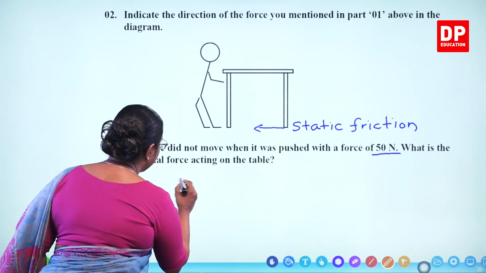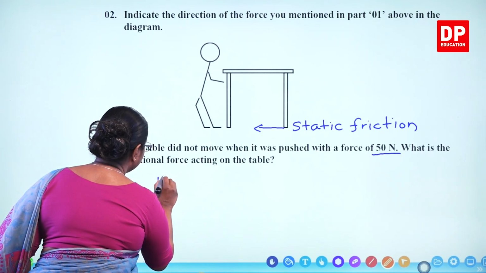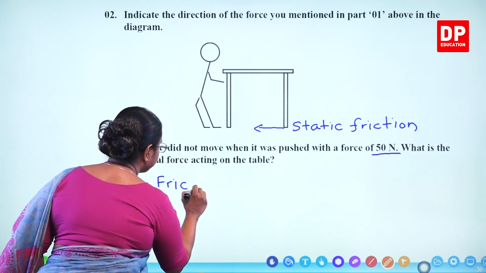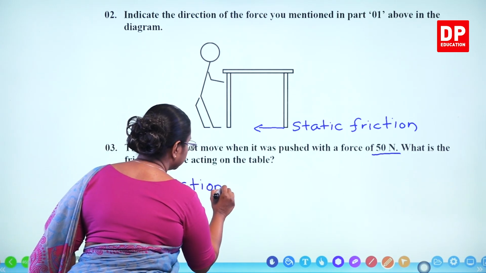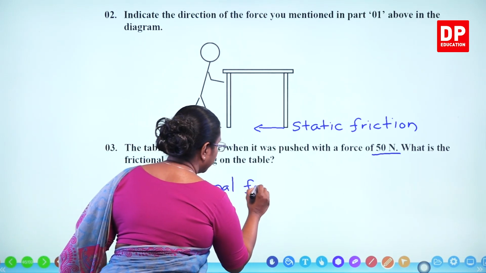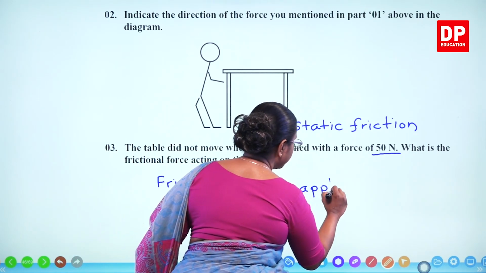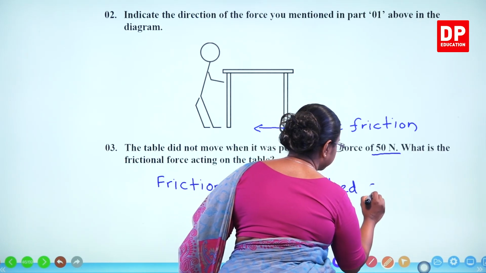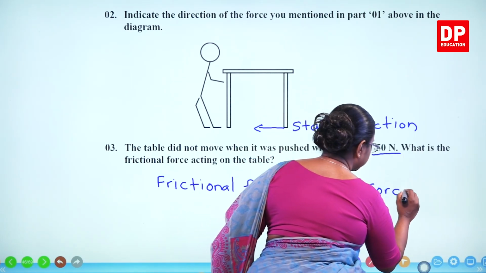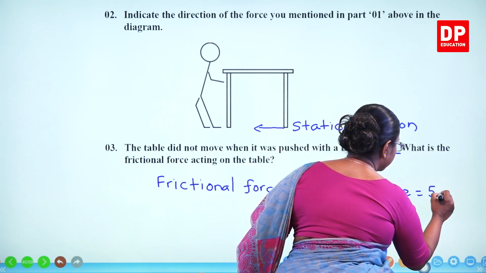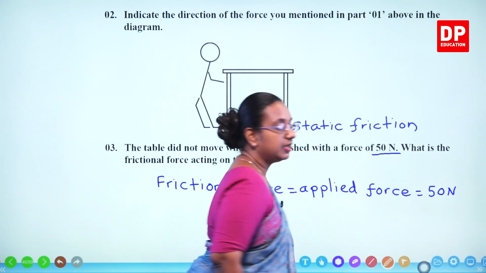So since the applied force is 50 Newton, frictional force equals the applied force, and that is equal to 50 Newton.